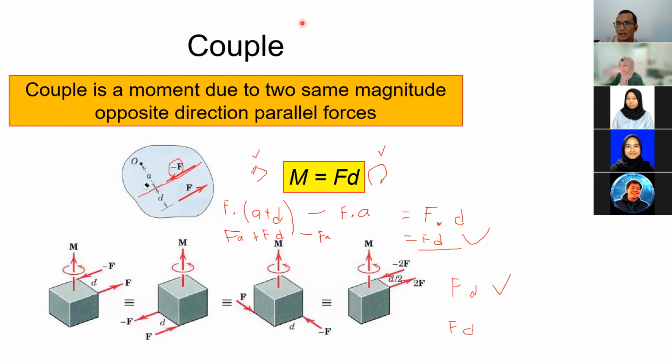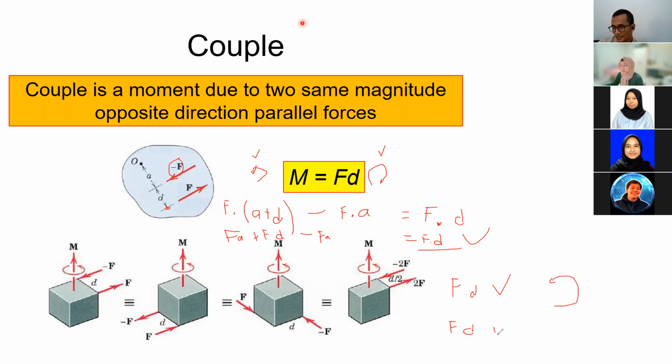Ah, okay. So this is the point. Negative F will create F multiplied by D again for the moment, and the positive F will create 0 moment. And the direction for the negative F will be counterclockwise as well, right? Correct.